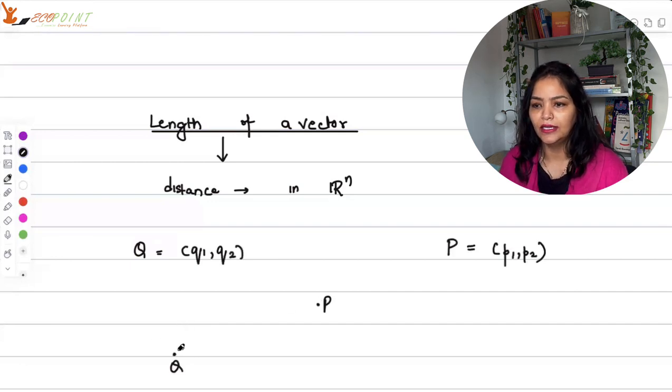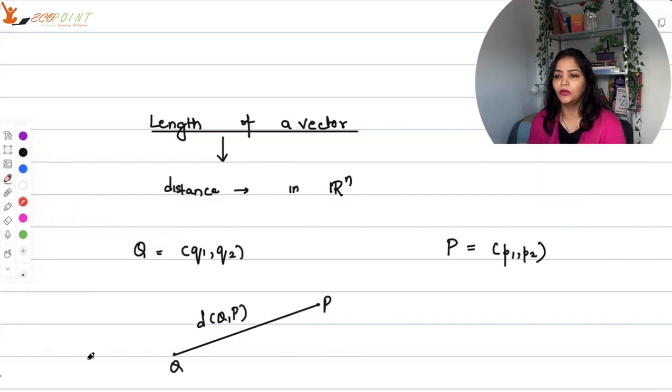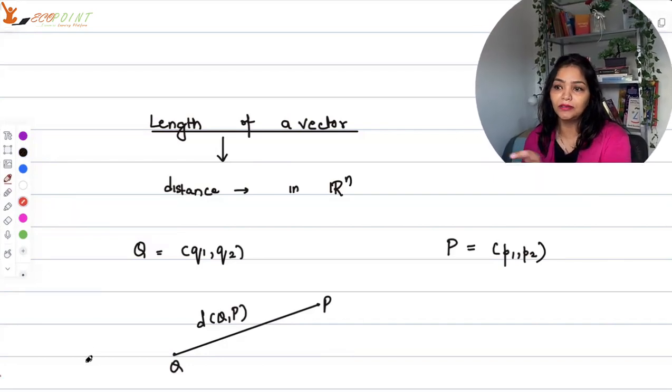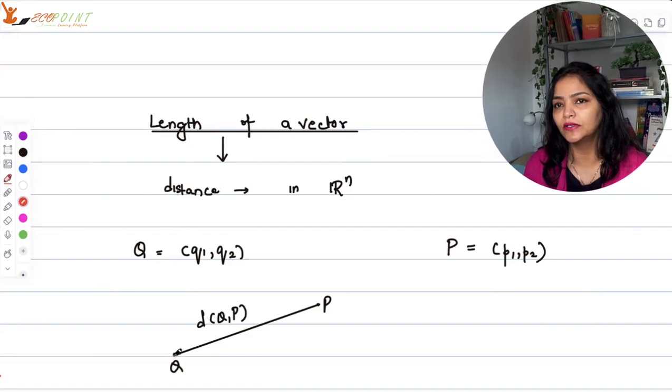Well, we are interested in the distance between Q and P, d(Q, P). In order to understand the distance between P and Q, what you can do is you can just extend this figure as this right angle triangle.